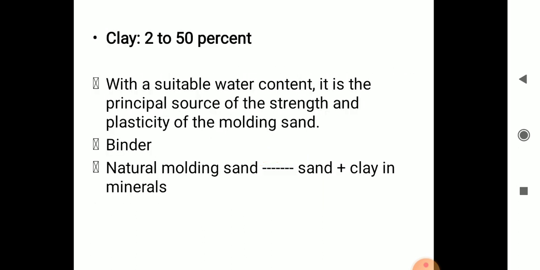Next is clay. Clay, with suitable water content, is a principal source of the strength and plasticity of the molding sand. The percentage is 2 to 50 percent of clay. Then the binder. Natural molding sand is sand plus clay minerals.